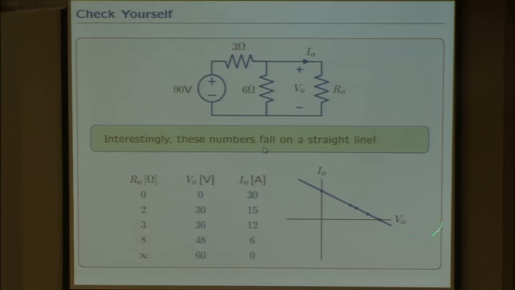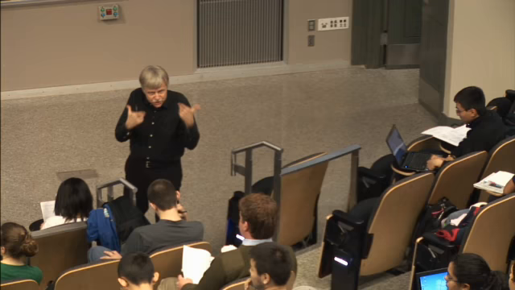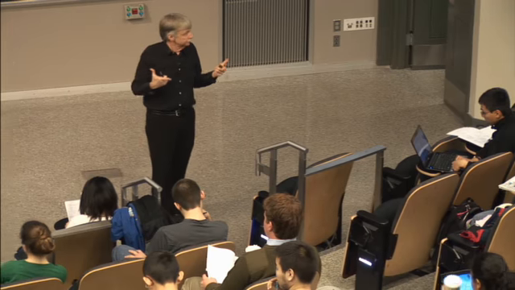So if I plot just this V versus this I, so V equals 0, 30, 36, 48, 60, and the corresponding I's, 30, 15, 12, 6, 0, those points all fall on a straight line. That suggests there's some pattern here. And if there's a pattern, then there might be a way to exploit it.